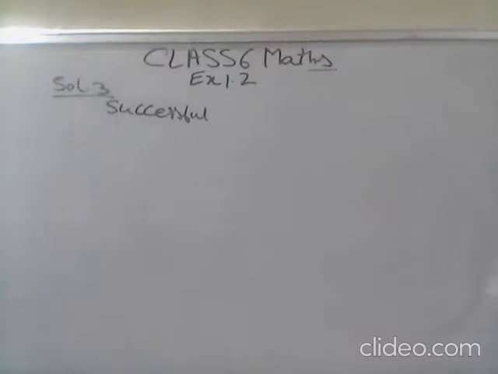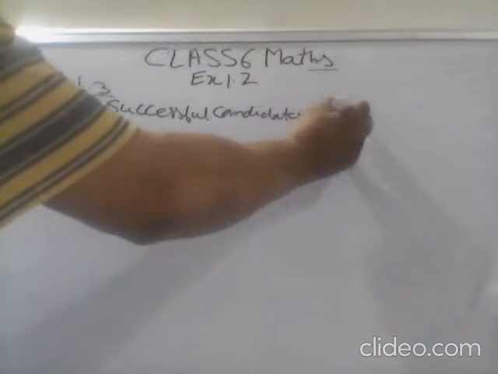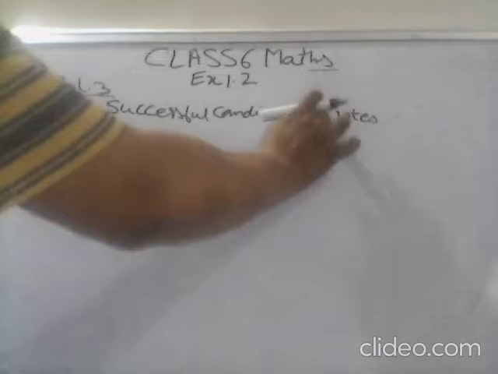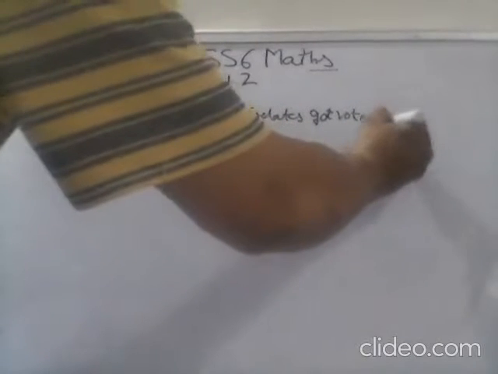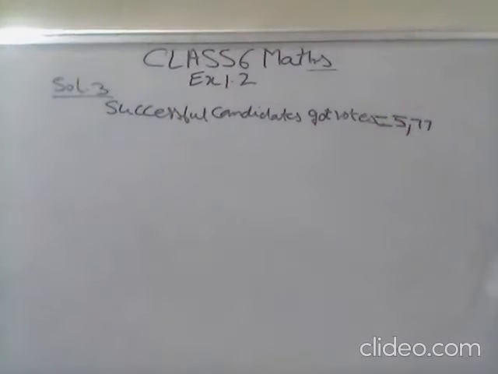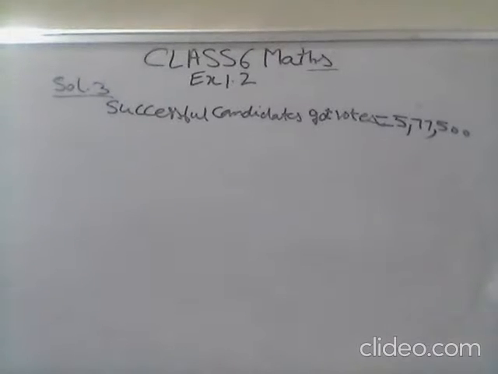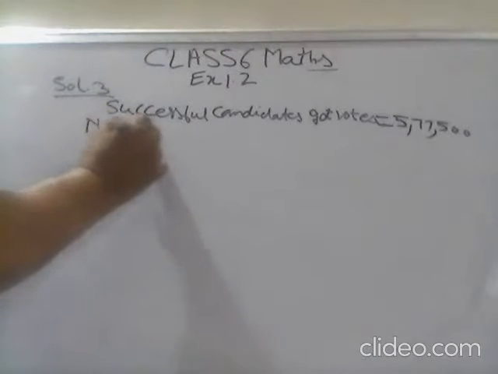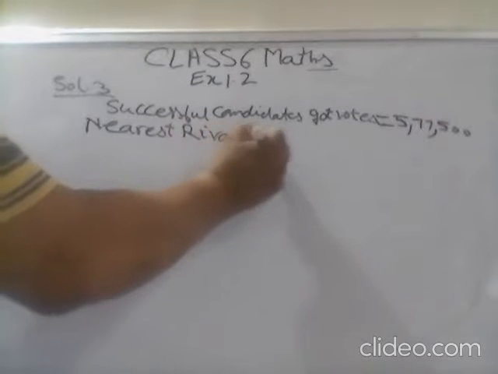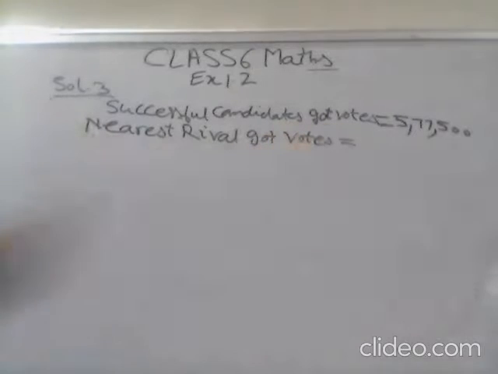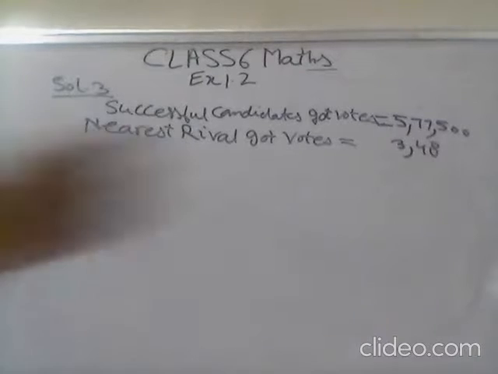Successful candidate got votes equal to 5,77,500. Nearest rival got votes 3,48,700.